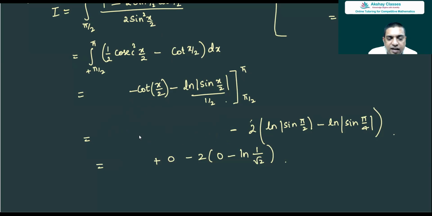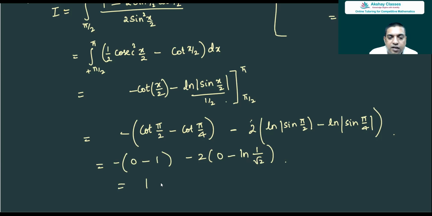So now when we apply the limits, we get here minus of cot pi by 2 minus cot pi by 4. What we get here is minus of cot pi by 2 is 0, minus cot pi by 4 is 1.